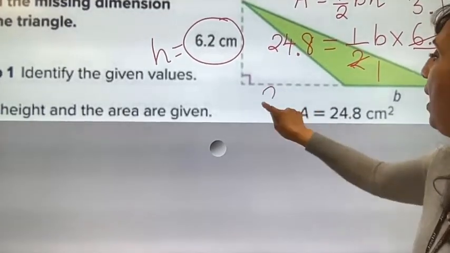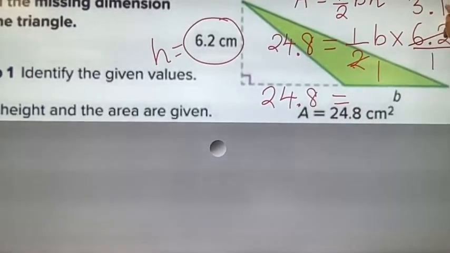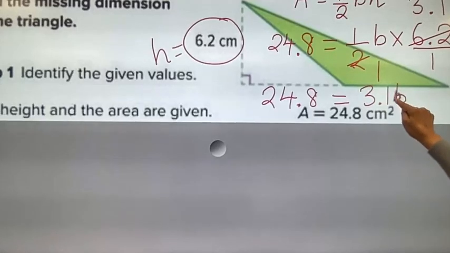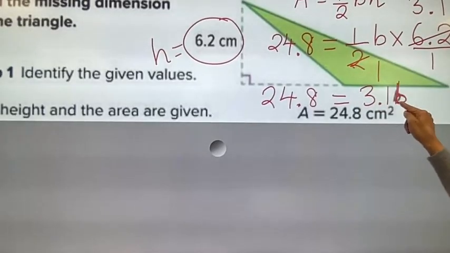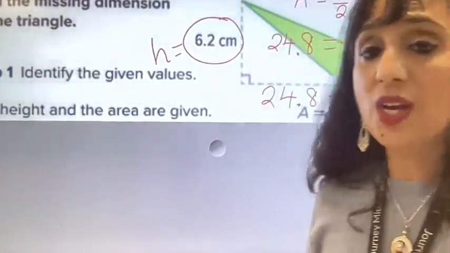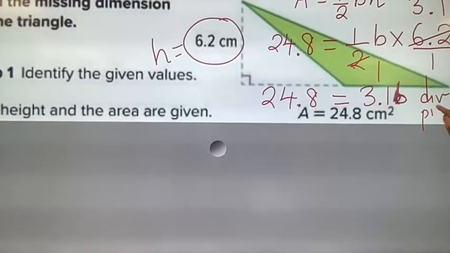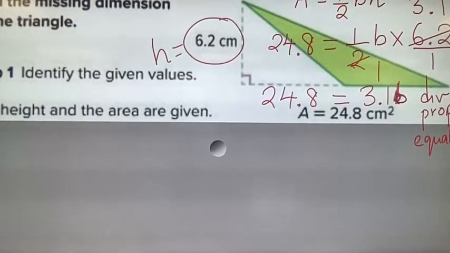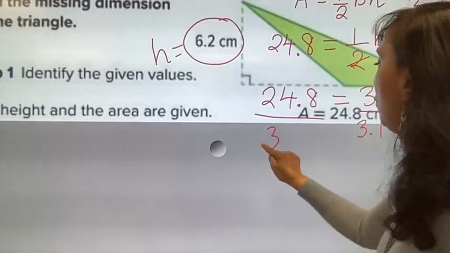So now I have 24 and 8/10 is equal to B times 3 and 1/10, which is 3 and 1/10 B. So now this is a one-step equation, and I know that when I have the coefficient before the variable, that means it's multiplication. So what is the inverse of multiplication? I'm going to use the division property of equality. And so I am going to divide both sides by 3 and 1/10.